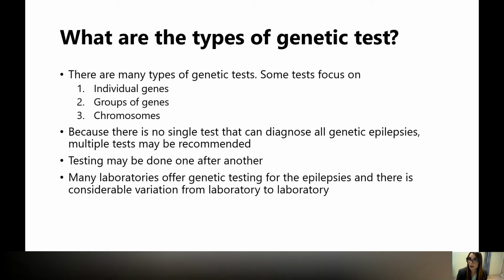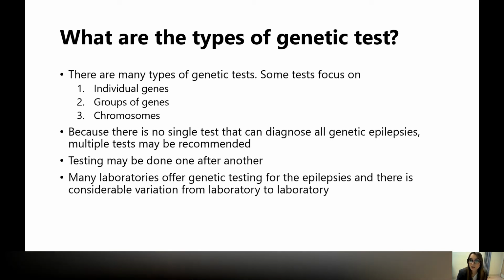So you can order what we call an epilepsy panel, for example, that will have many different types of genes that are related to epilepsy. Or you can look at the chromosomes. So you can look from a larger view, as if you were looking from above, at the big picture instead of the small genes.